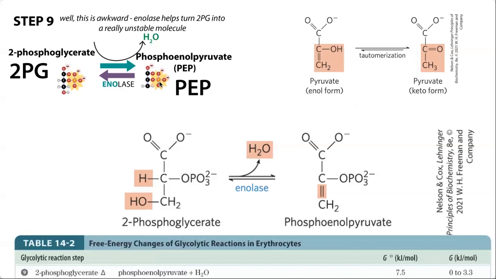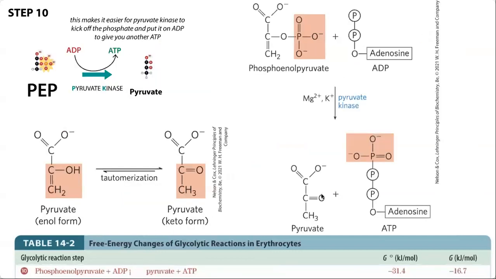And when it's trapped in this enol form, it's going to want to go back to the keto form. It's going to really, really want to go back to the keto form, so much so that we're going to get this negative 16.7 kilojoules per mole of energy if we let it do so.